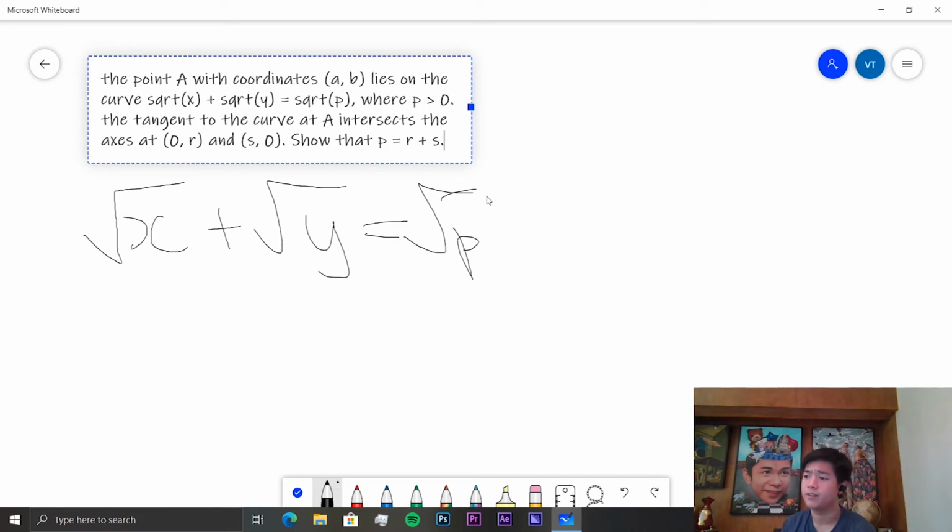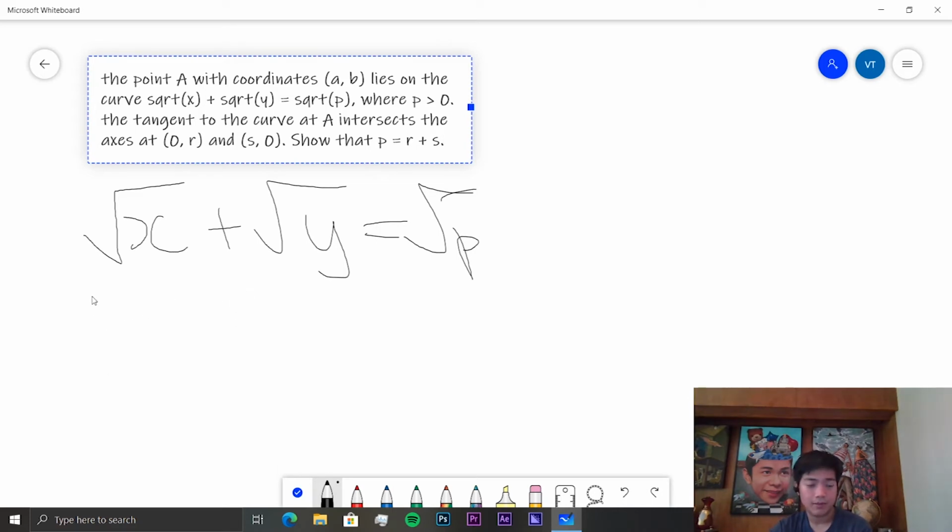And the tangent to the curve at A, which is at any point really, intersects the axes at (0, r) and (s, 0), show that p equals r plus s. So first, let us find the tangent, the gradient of the tangent first.